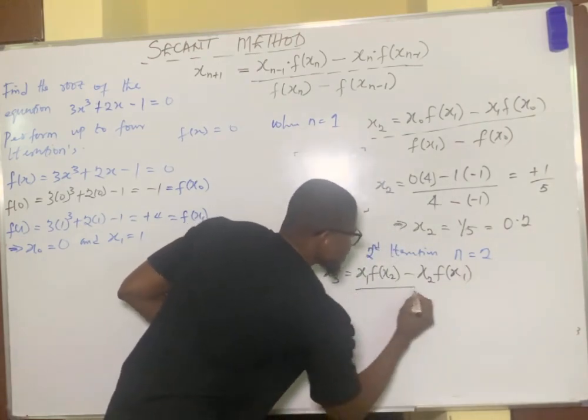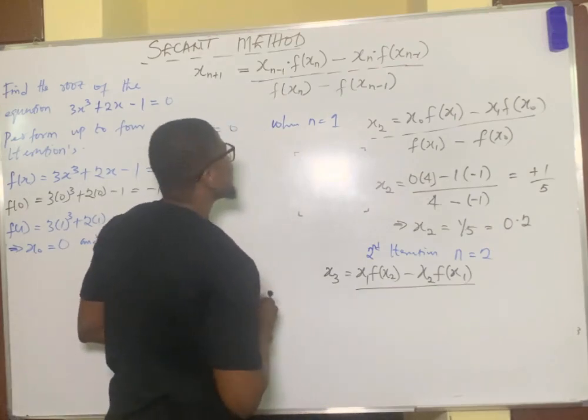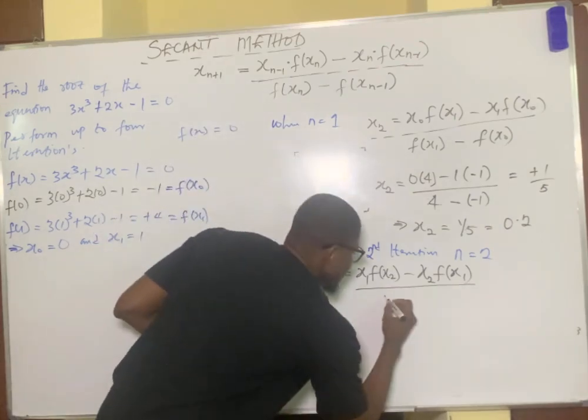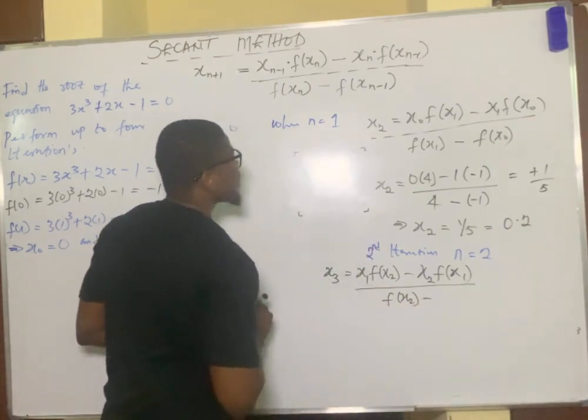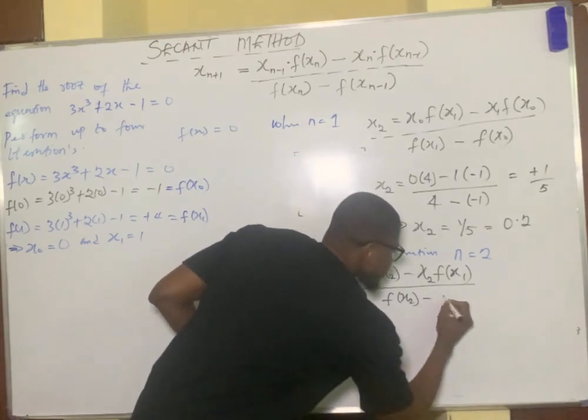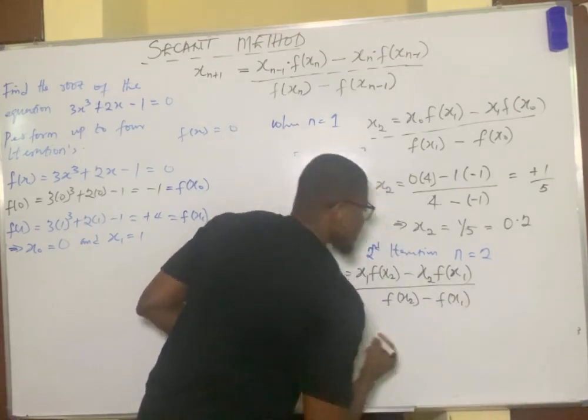The whole of this divides by f of xn, n is 2, so you have f of x2 minus f of xn minus 1, that gives us f of x1.